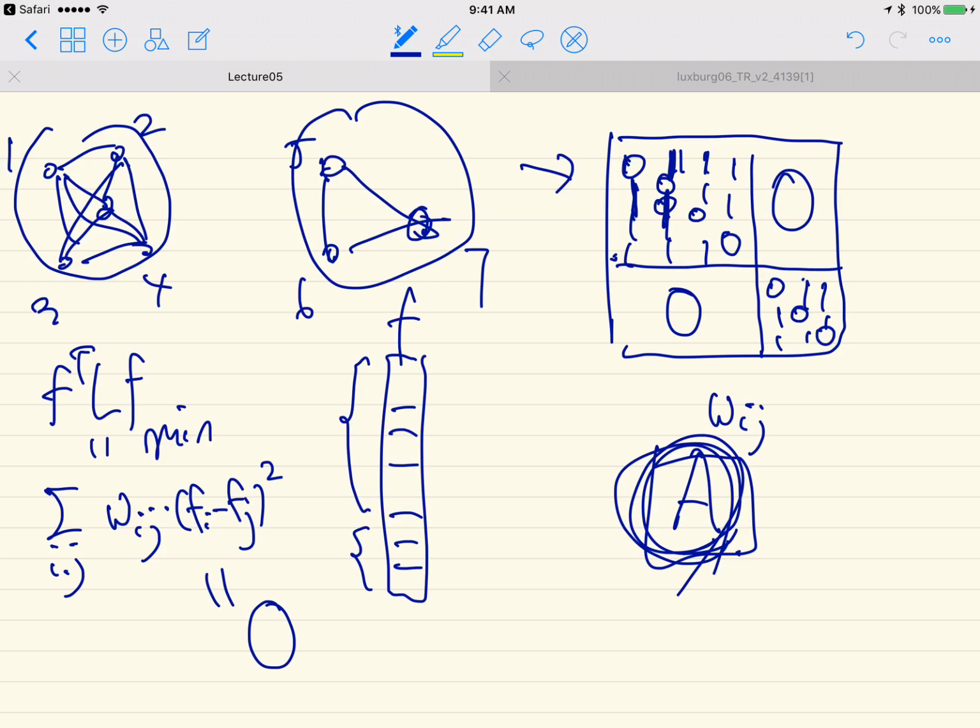And what will be the vector that makes this value 0? Just to simplify the situation, you can either put 1s or 0s. What will be the solution?